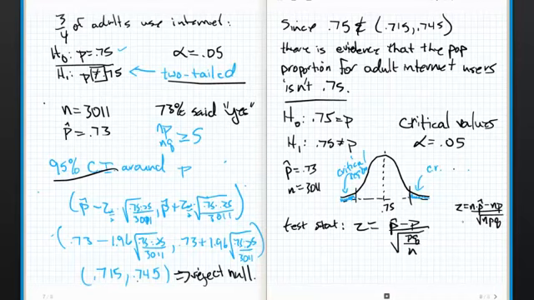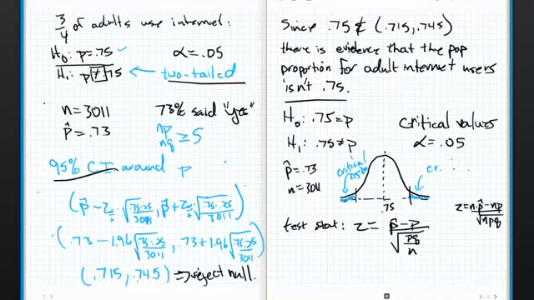If I divide everything by n, then I end up with p hat minus p. If I divide this by n, I end up with the root n in the denominator. So that's where it comes from. It's nothing fancy. And we don't have to worry about the whole central limit theorem thing because that's all encompassed in this.